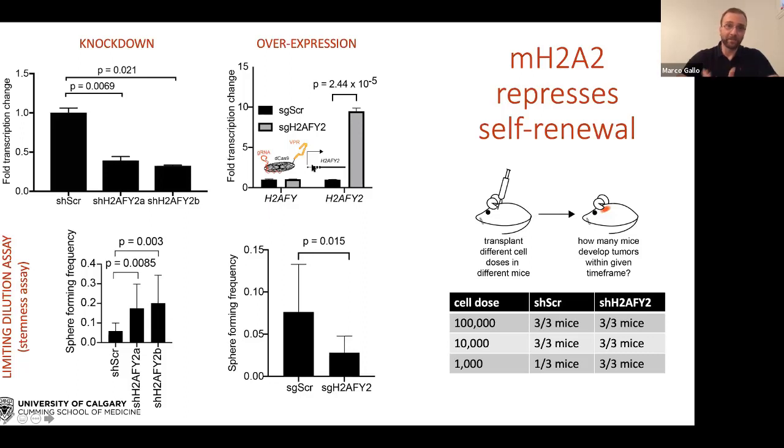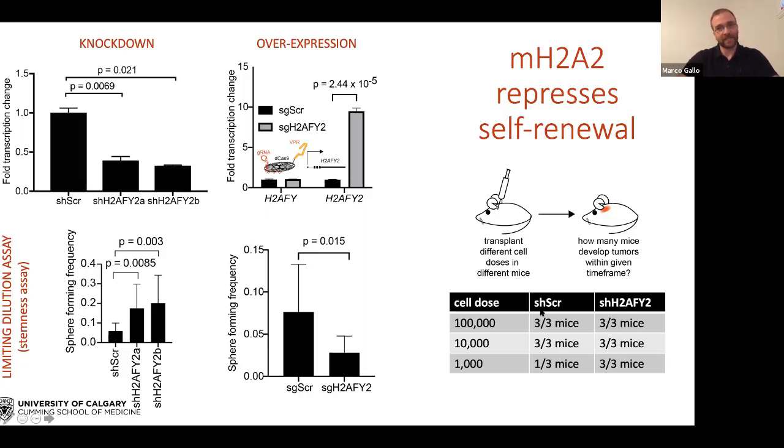We then did the opposite experiment where we overexpressed macroH2A2 using a dCas9-VPR system, a very clean system, getting almost a 10-fold increase in macroH2A2 expression compared to scrambled guide RNA control. No effects on macroH2A1, the paralogous gene. And what we see is the opposite: stemness goes down when we overexpress macroH2A2. So this in vitro data suggests that macroH2A2 represses self-renewal and stemness.